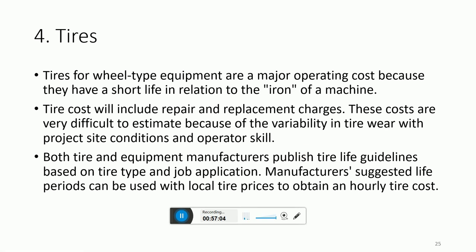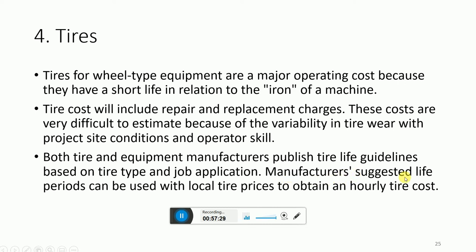Both tire and equipment manufacturers publish tire life guidelines, which are based on tire type and job application. So these tire life guidelines are published based on tire type and the job application where they are going to be used.